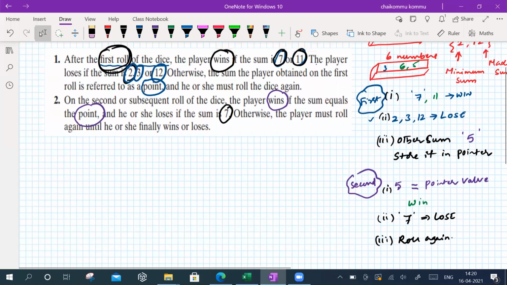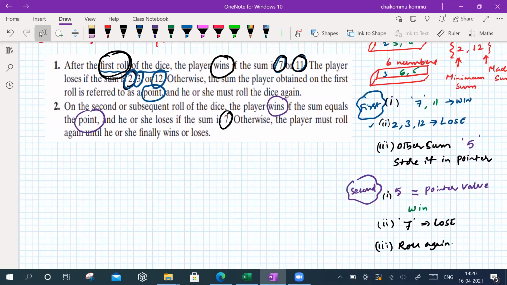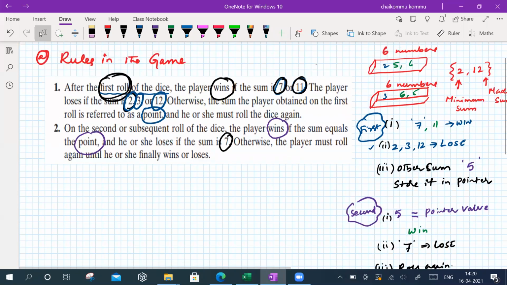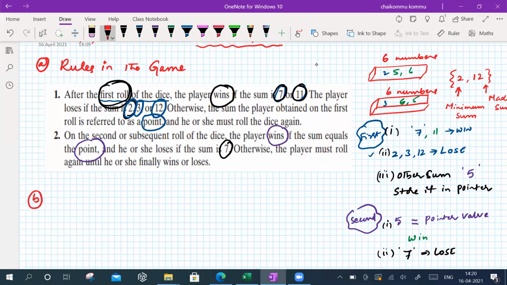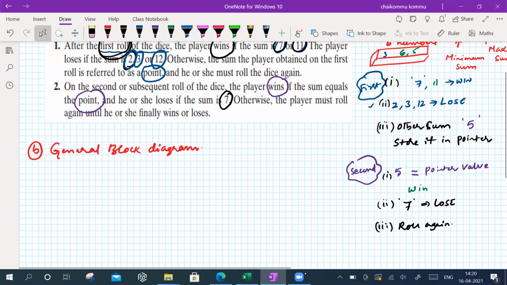Okay, so now this is what we have to do. What is the generalized architecture for this game? The second point is the general block diagram for this game.